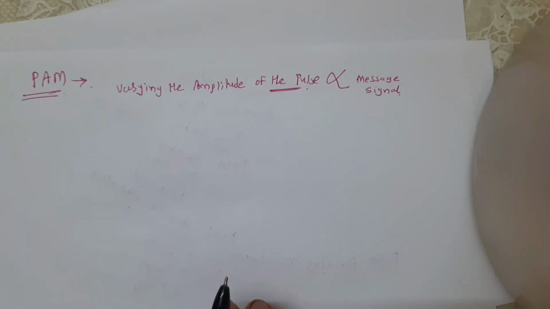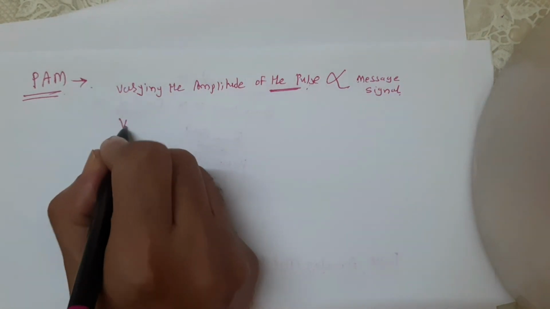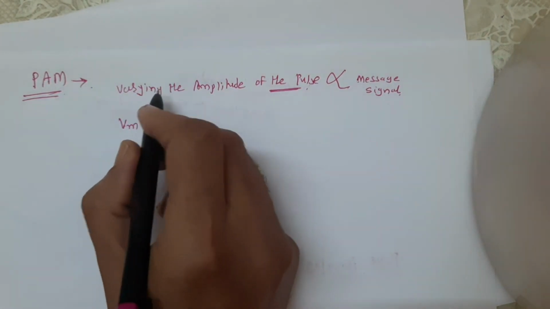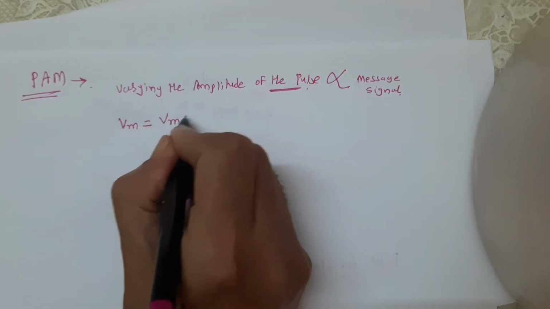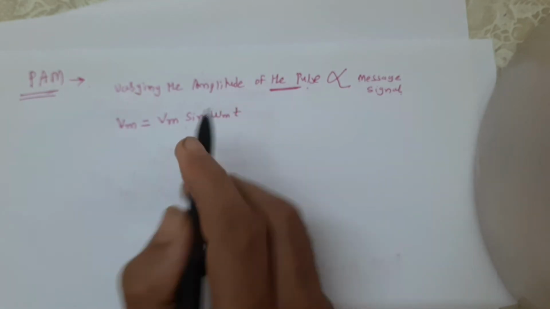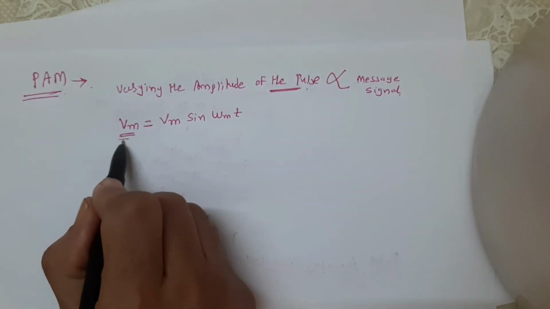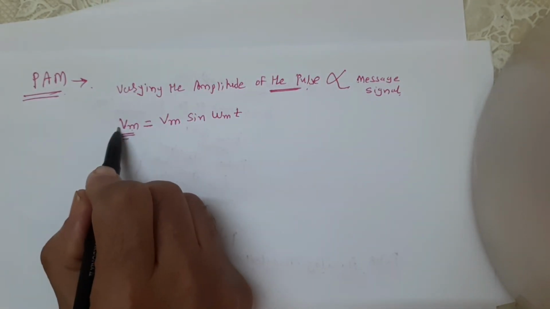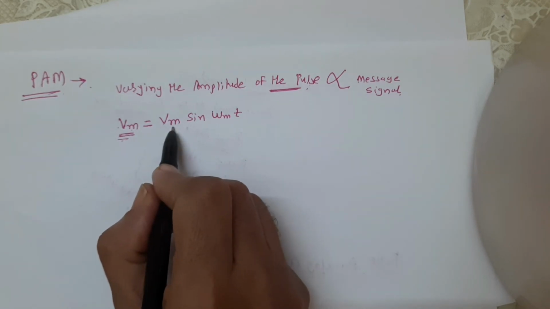Let us consider that the message signal is given as Vm = Vm sin(omega m t). Vm refers to the message signal voltage, the amplitude of the signal.